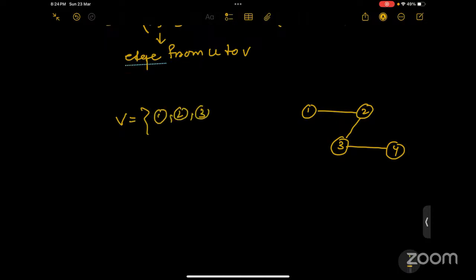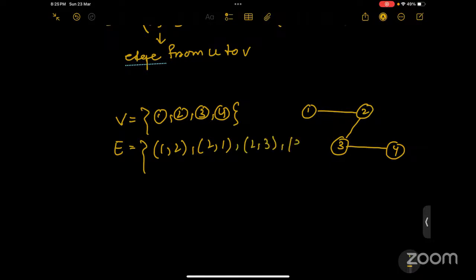Correct. And E is the set of all edges, right? Then what do we have? (1, 2), (2, 1), (2, 3), (3, 2), (3, 4), (4, 3). Correct. These are the edges, right?